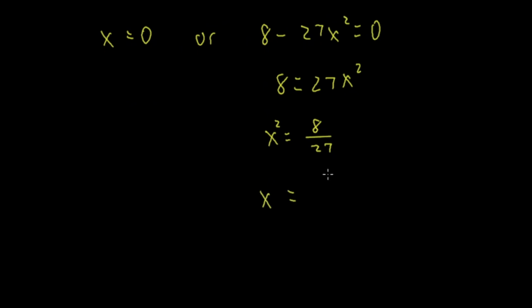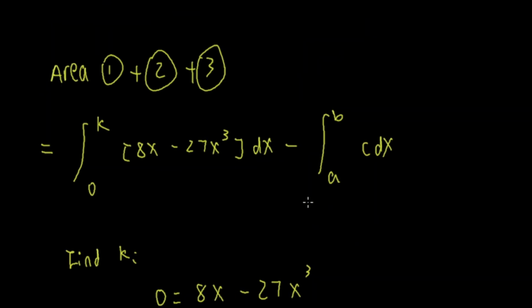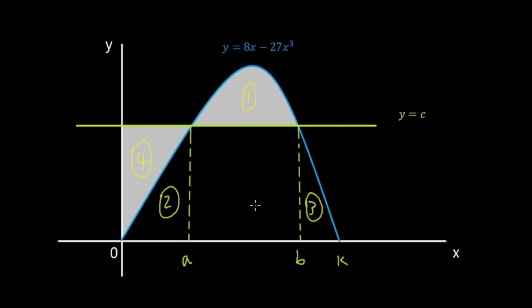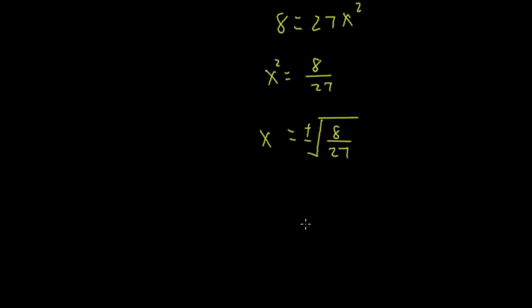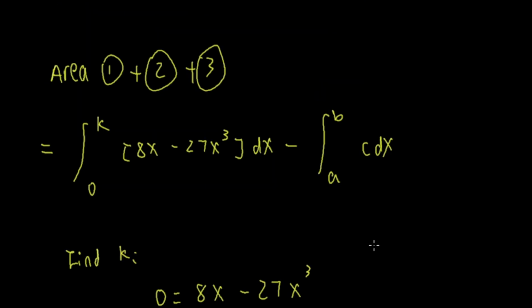You have x equals the square root of, of course, positive or negative, a over 27. Okay, now do we take plus or minus here? Notice that k here is positive, right? So we have to take the plus side here. So k is equal to the square root of a over 27.